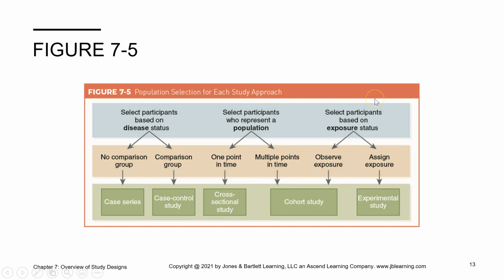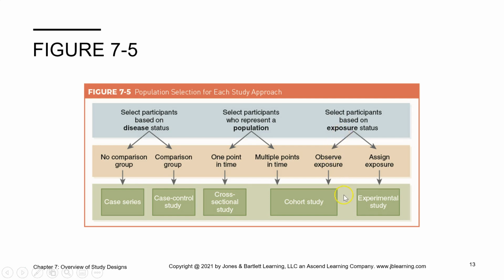But then you may also select participants based on exposure status. So if you want to observe the exposure and not make any changes, an example of that could be, say, smoking. You want to compare smokers and non-smokers, but you're not trying to randomize people who didn't smoke before to smoke.